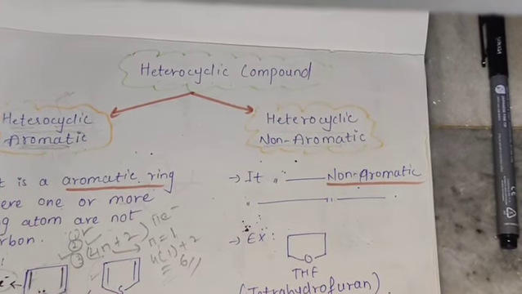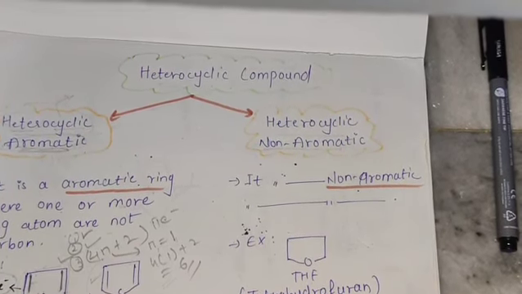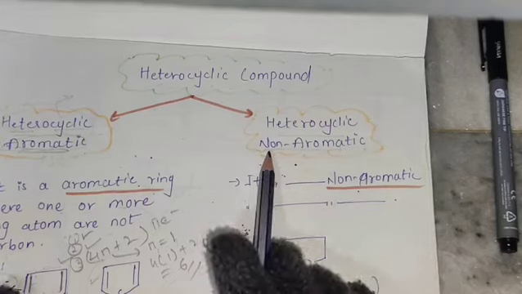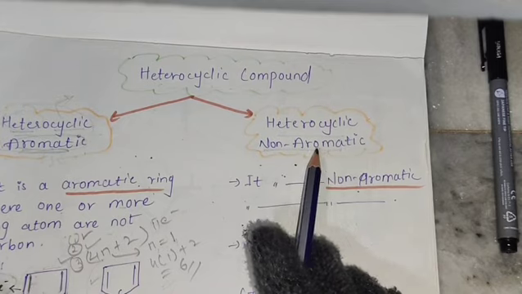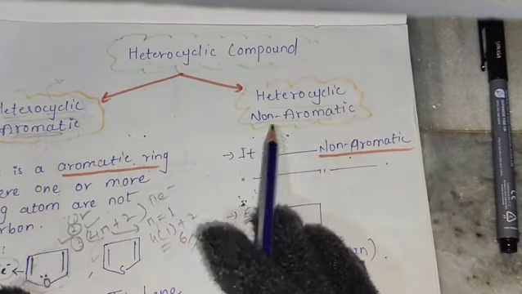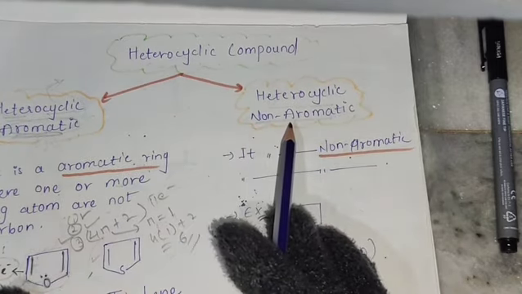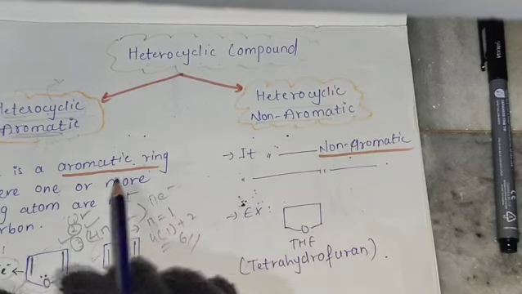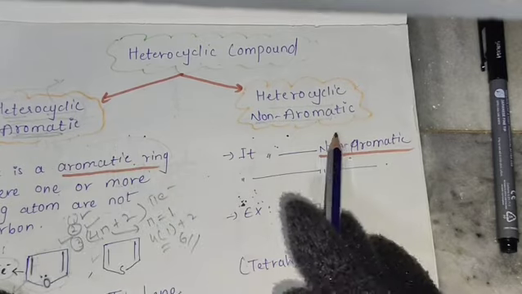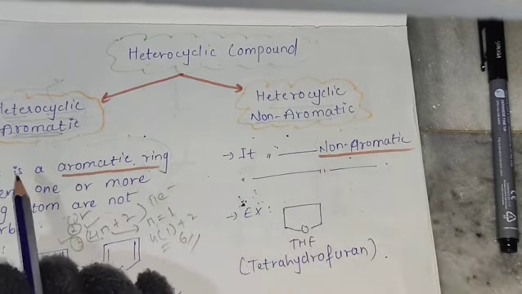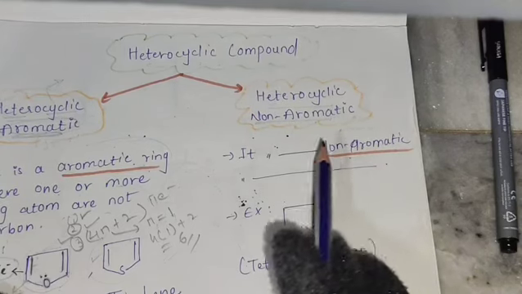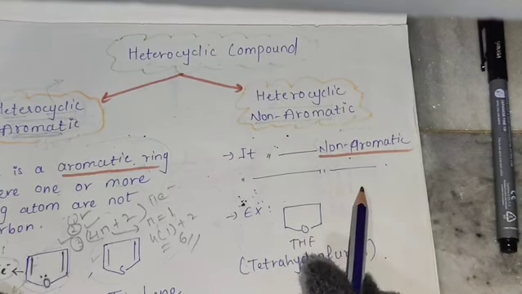Similarly, in the case of heterocyclic non-aromatic, the compound is heterocyclic but should not show aromatic character. The definition is the same, but here non-aromatic will come. So it is a non-aromatic ring where one or more ring atoms are not carbon.